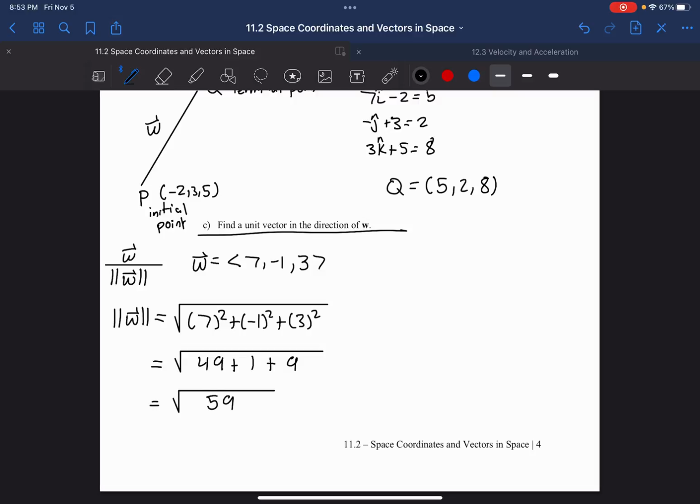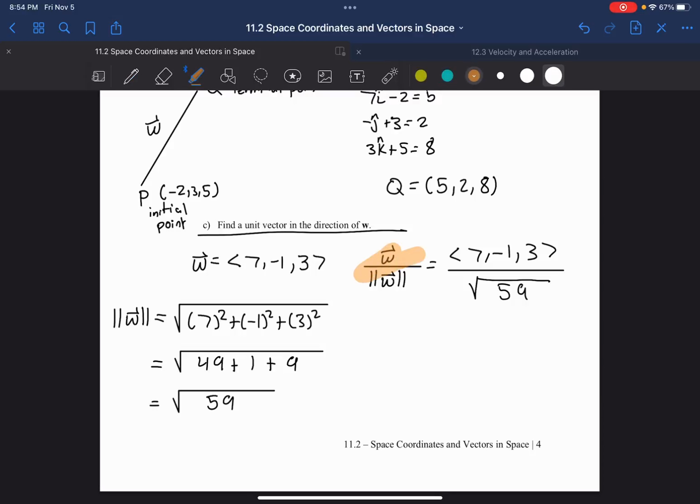So now we have our W vector, and we have the magnitude of W. According to our equation, you can write it out as (7, -1, 3) divided by the square root of 59. And this would be our final answer.